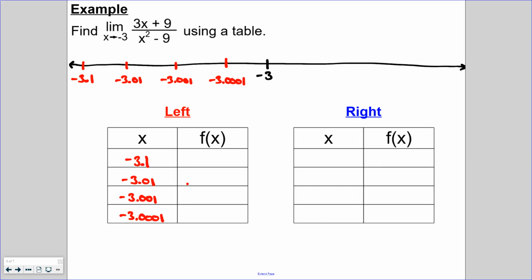All right, then, the right-hand side. We want to pick a number that's close to negative 3, but also greater than it, so we'll pick negative 2.9. And then we'll get closer, so negative 2.99, negative 2.999, and negative 2.9999.